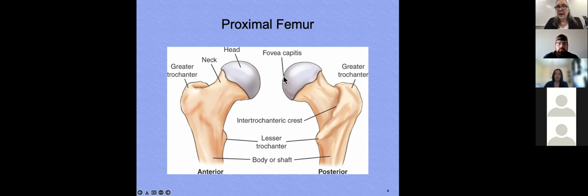The fovea capitis has a ligament attached to it that attaches it to the acetabulum. The acetabulum is the socket for the hip joint. So this is going to articulate with the acetabulum. And on this fovea capitis is a ligament that attaches it to that acetabulum, along, of course, with other ligaments and tendons and stuff.